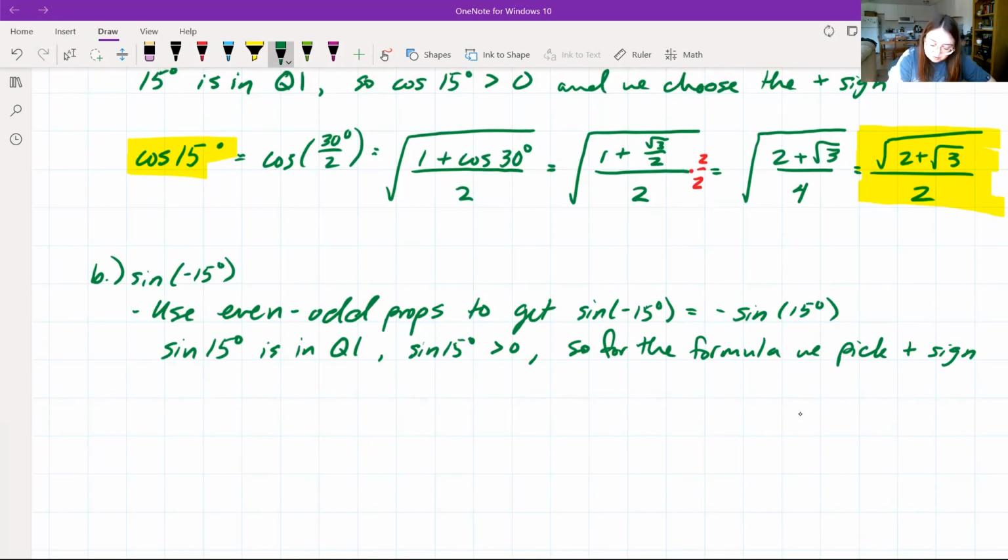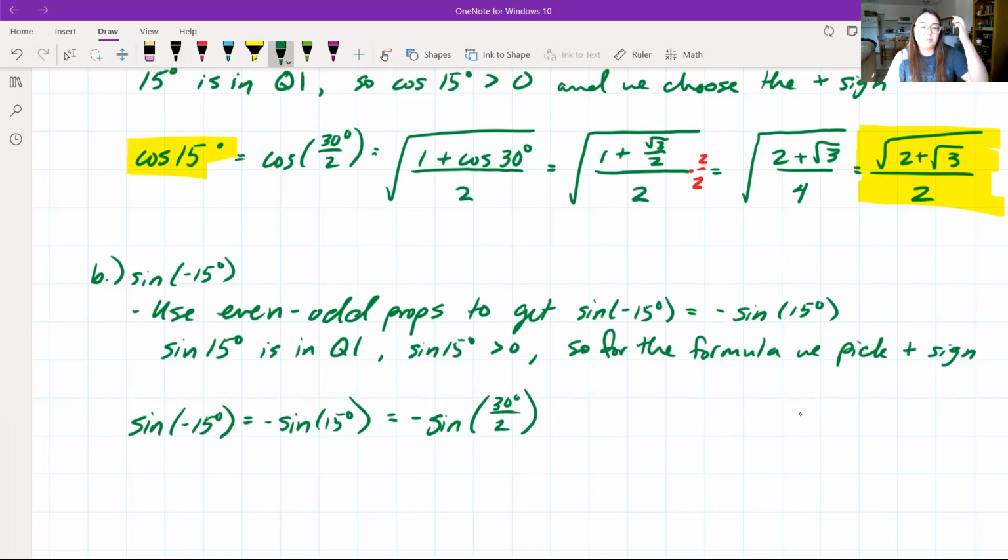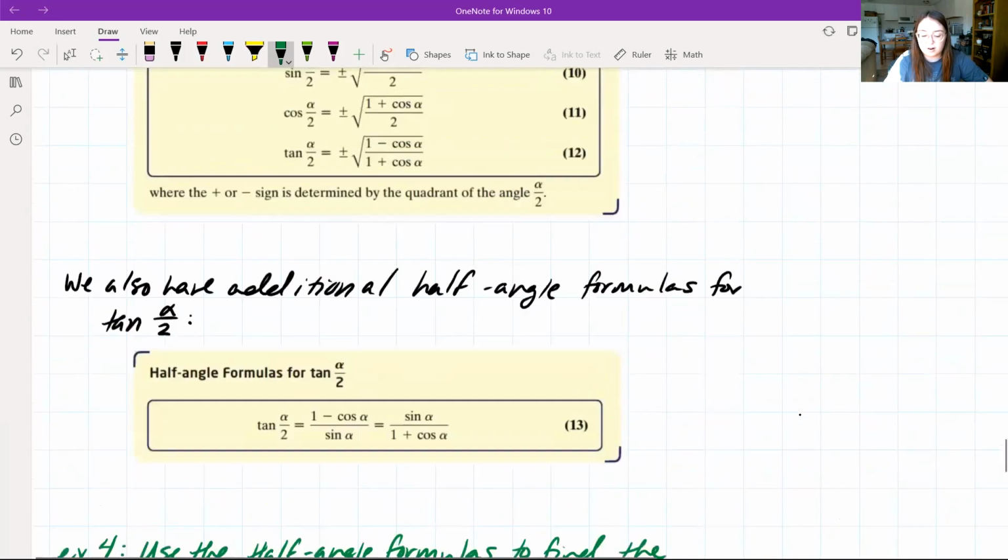So moving forward with this, if we have sine of negative 15 degrees, this is equal to negative sine of 15 degrees, which from our last problem, part A, we know that this is going to be the same thing as negative sine of 30 degrees over 2. So we're using what we've learned from part A to do part B. So we have negative sine of 30 degrees over 2, which we can now use our equation.